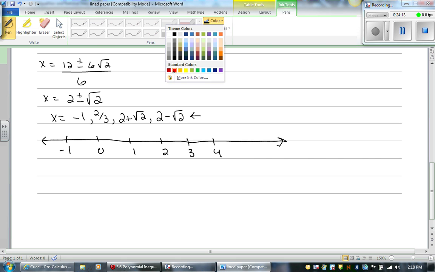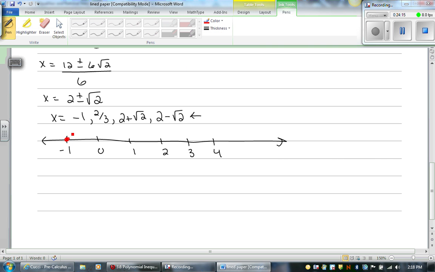Okay, my value of negative 1, I've got that spot there. 2 minus the square root of 2 is a little less than 2/3. Okay, so 2/3 is about here. Right, that's about 2/3, and then 2 minus radical 2 is actually right here. It's right next to it. And you can find that out by finding the decimal approximation. And then 2 plus radical 2 is right about here.